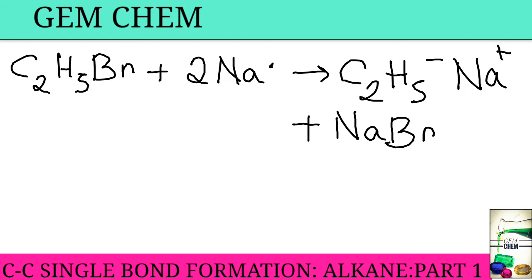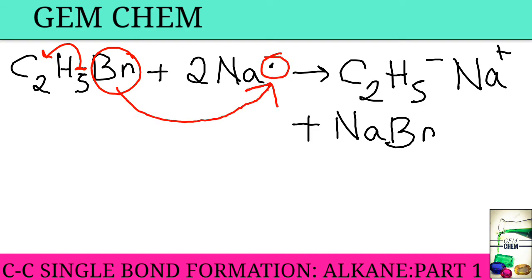Now what is the case? The 2 electrons present here are completely taken by this, and this bromine attaches with one of these sodium, and these 2 radicals are attached here. So we get NaBr and C2H5⁻ Na⁺.